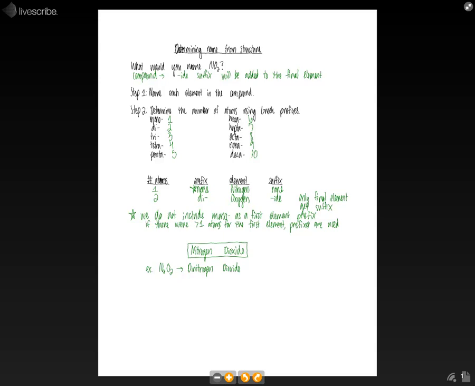And then another example, we could say if we just had NO. And so we're back to having 1 nitrogen, and now we only have 1 oxygen. So it follows the same rules as our nitrogen dioxide, where we have nitrogen monoxide as our final name.